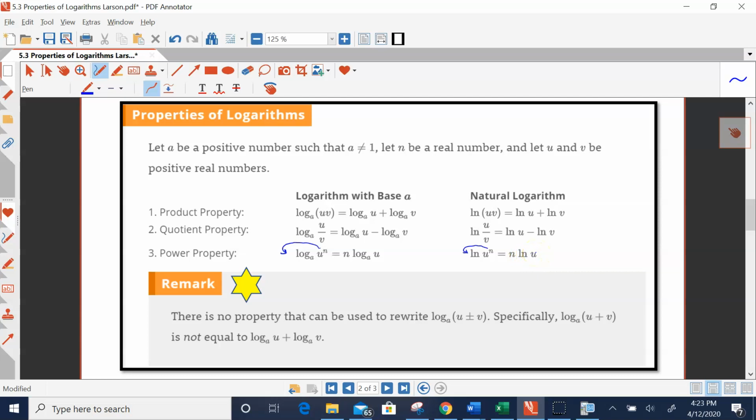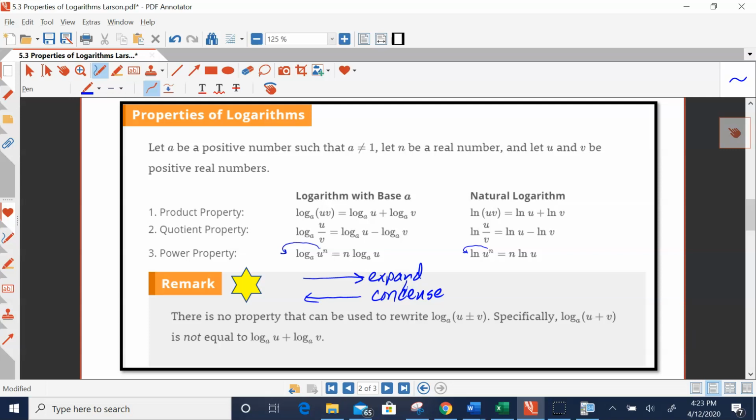So we'll use these properties in both directions. We'll go from left to right to expand, or sometimes we'll take these in the expanded notation and go backwards to condense. And we'll look at some examples on that.